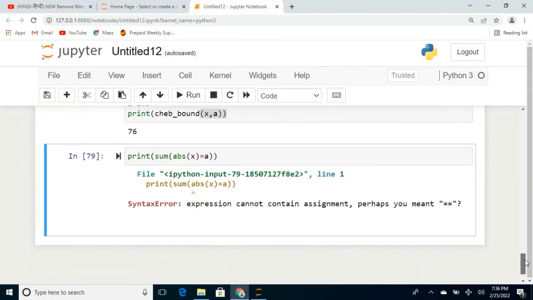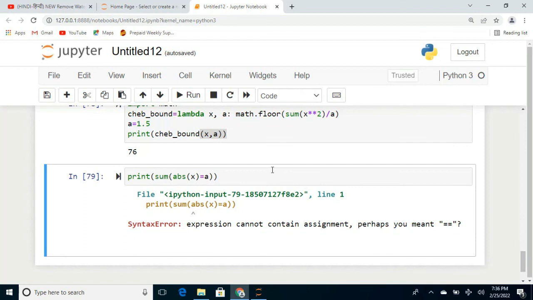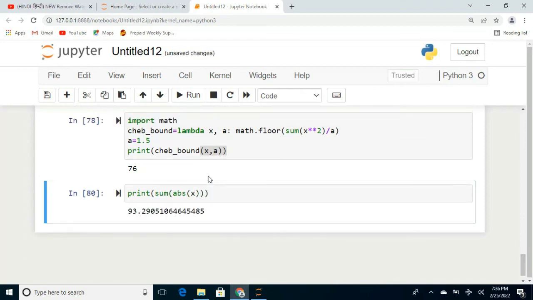What is the error? Expression cannot contain assignment. Maybe if I do not put it here, then this works: print sum of absolute of x, which is equal to a.